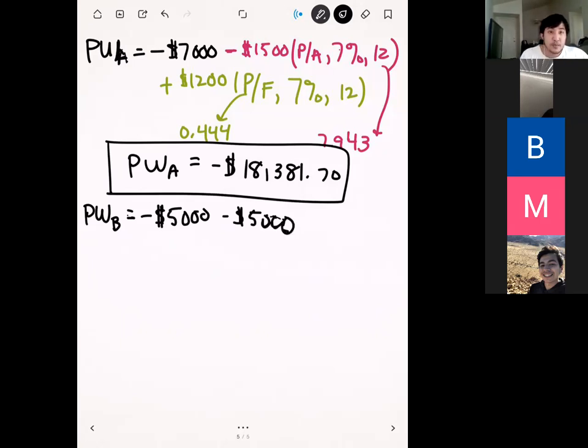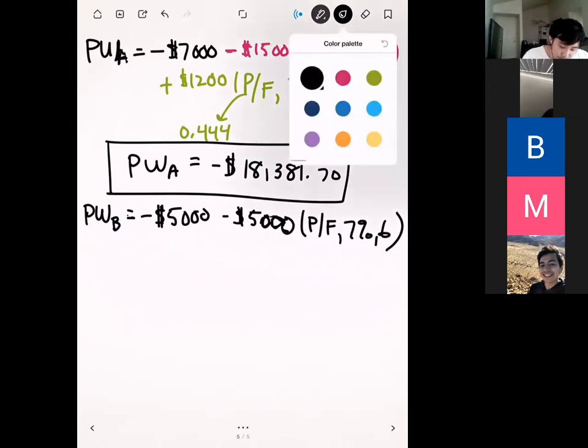But since this replacement occurs in year 6, we have to convert this to our present day, right? And so that single cost in year 6 is going to be its future value. And so to convert it to a present sum, we have to multiply it by the P over F factor at 7%, and then at 6 years, because this replacement happens at year 6. Okay.